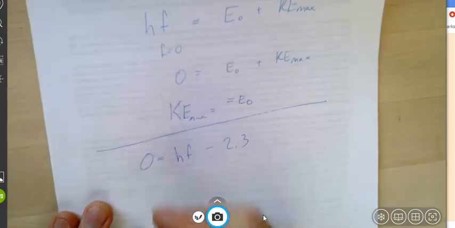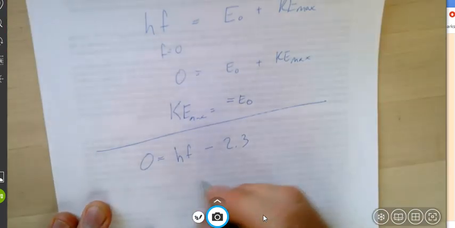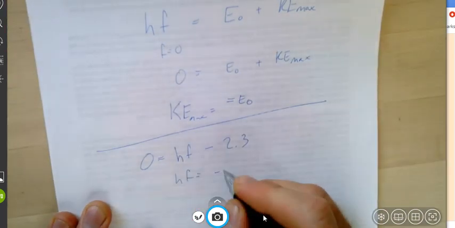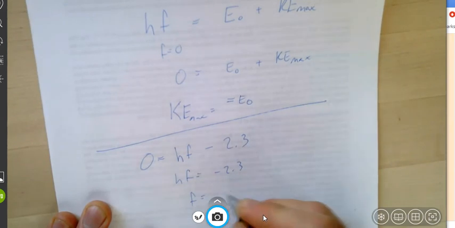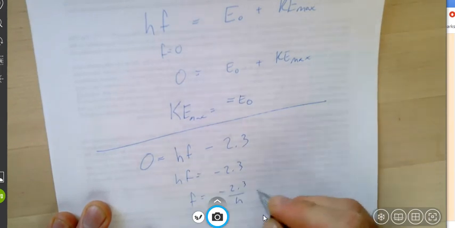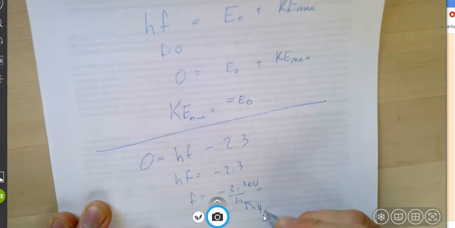And so that's setting y equals 0. Then I can solve here for hf is equal to minus 2.3, or f is equal to minus 2.3 divided by h. And this is in eV. This h here is 4.15 times 10 to the minus 15 eV times seconds.